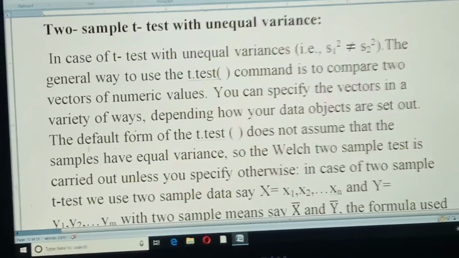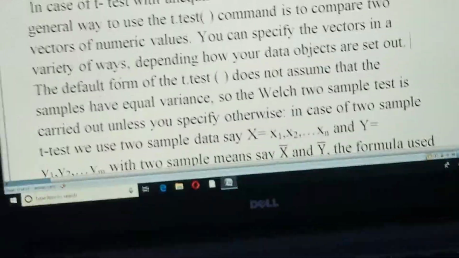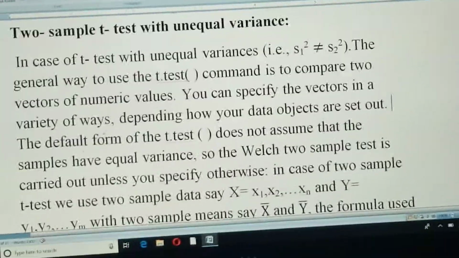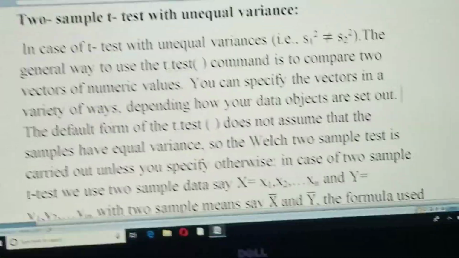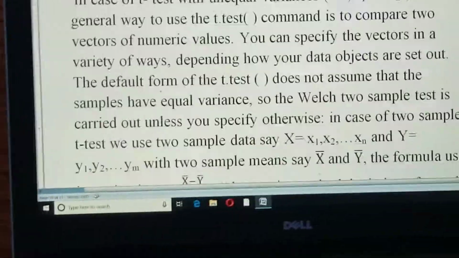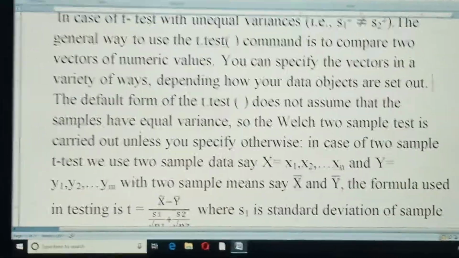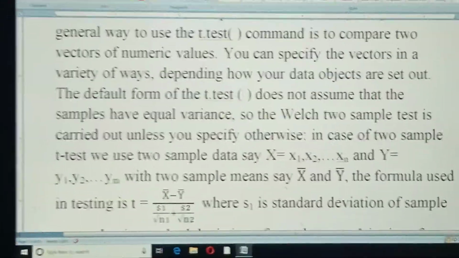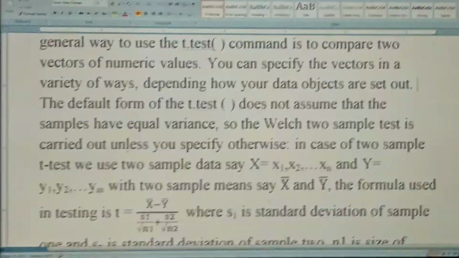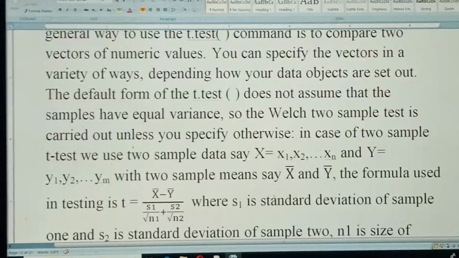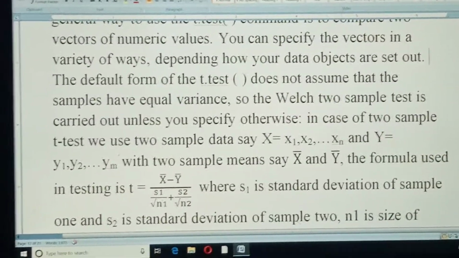The general way we test this is by using the t.test command, and here we can compare the two means of given numerical vectors, and you can specify the vectors in a variety of ways depending on how the data objects are set out.